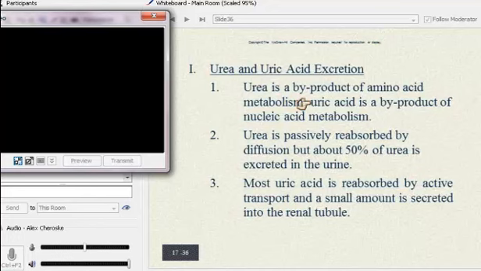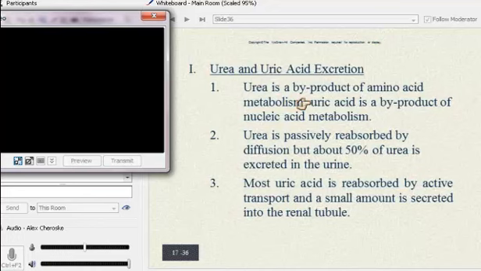And on one hand you're like, ooh, that's not very good. We're getting half of this waste product back into the blood. But it's basically kind of a necessary evil. It's so necessary and important for us to pull that water back, and we get rid of half of our urea on a regular basis as we're filtering these things out, that we're still getting rid of those waste products at a fine enough level and balancing it with getting that water back.